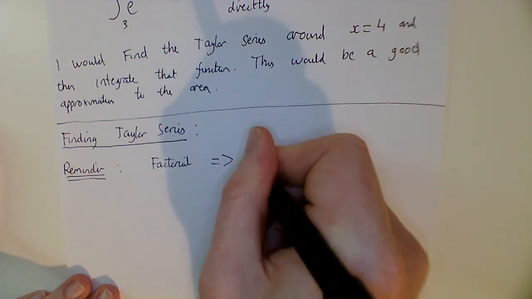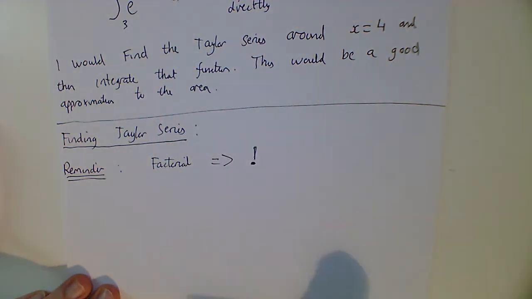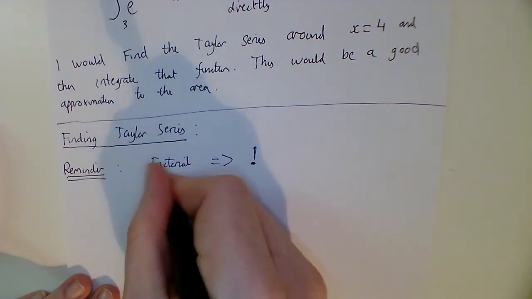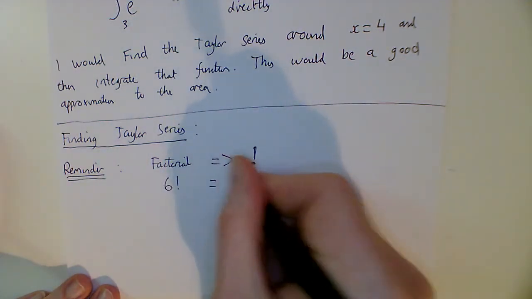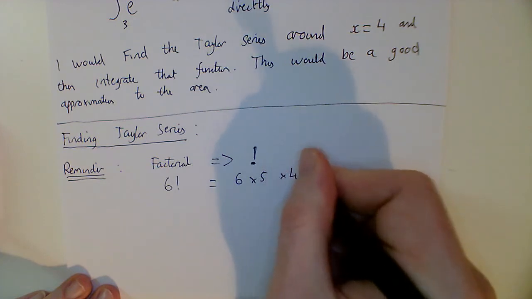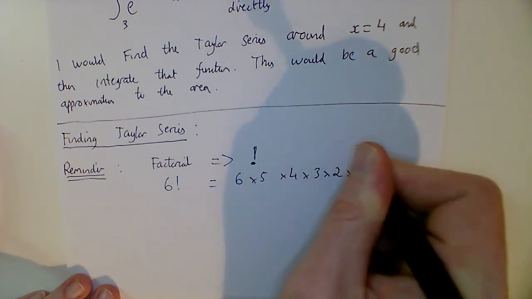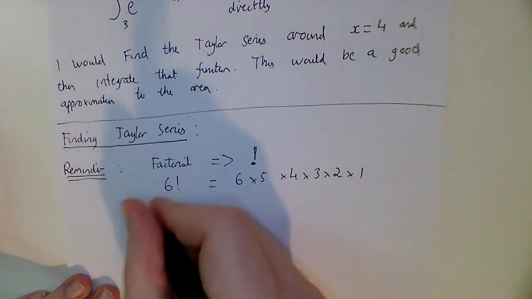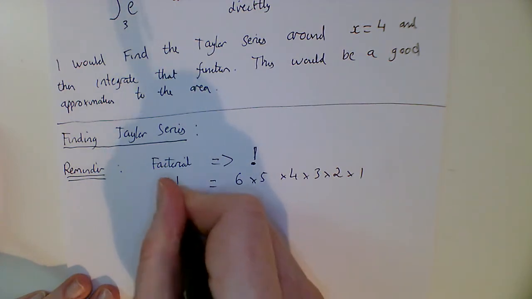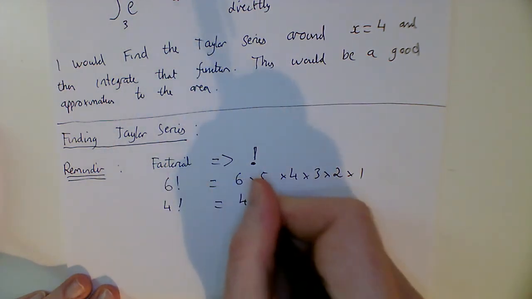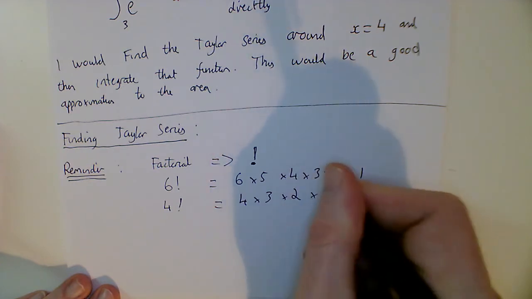So if you see an exclamation mark, it means factorial. If I've got 6 factorial, that would mean 6 times 5 times 4 times 3 times 2 times 1. If I've got 4 factorial, that just means 4 times 3 times 2 times 1.